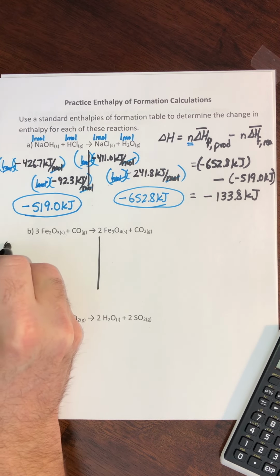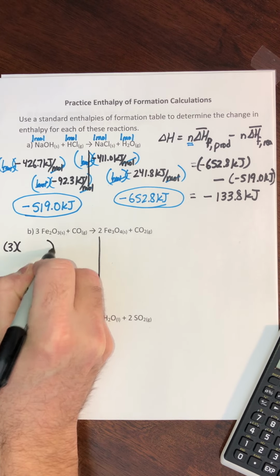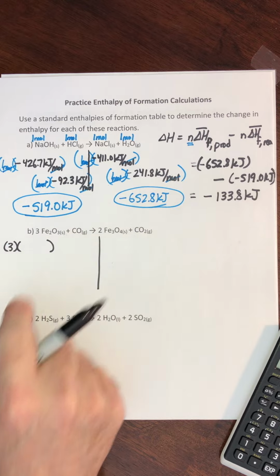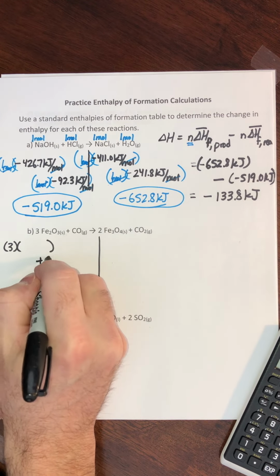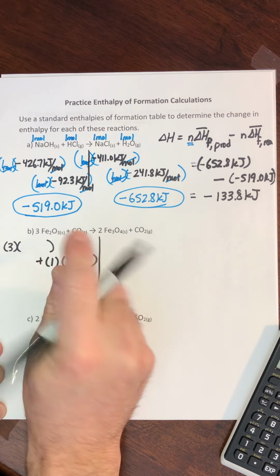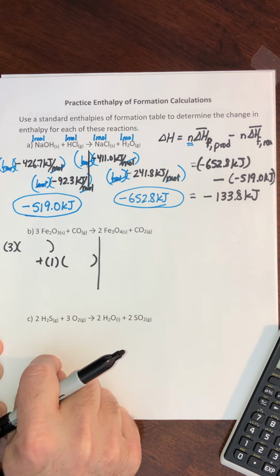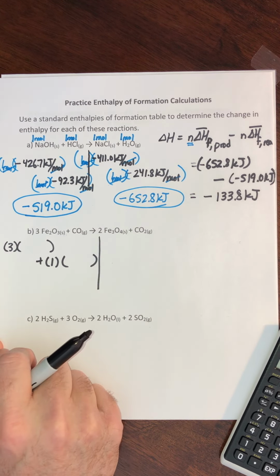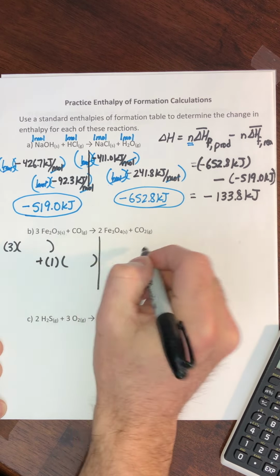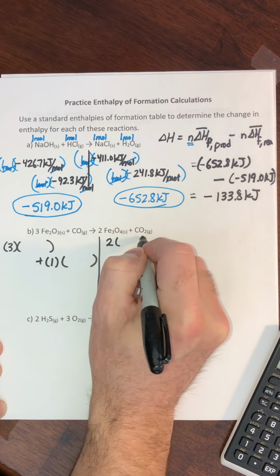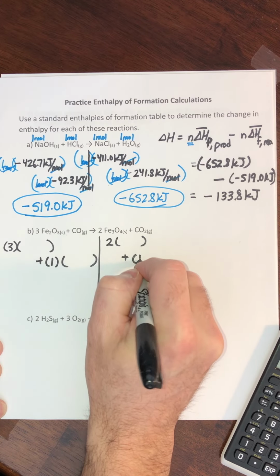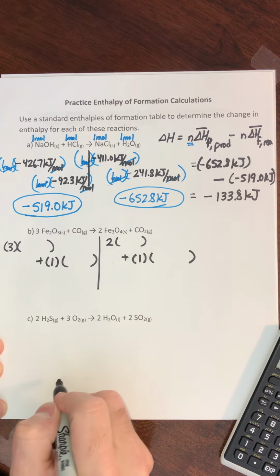So I'm just going to say that this is 3 times whatever the value is for Fe2O3 plus 1 times the value of what it is for CO. And when I look them up, I'm going to look them up just as kilojoules, and I'll cancel out the moles as I go. Right? Same thing on the product side. 2 times the value for the Fe3O4 and 1 times the value for the CO2.